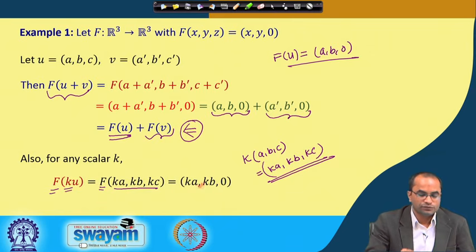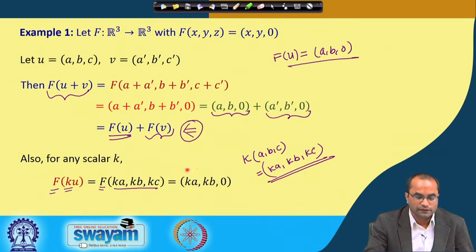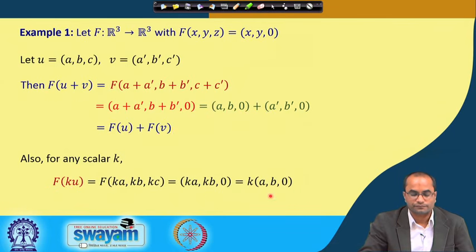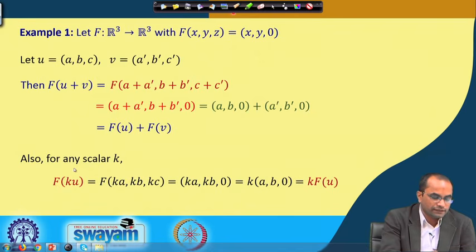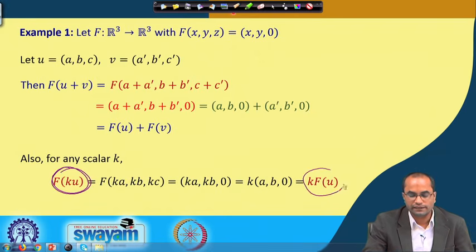Again we will use the idea used earlier for the addition. Out of (ka, kb, 0), we can take k outside, giving k times (a, b, 0), and this is nothing but k times f(u). So, what we have checked is the second property: when we apply f on k u, we get k times the function value at u.